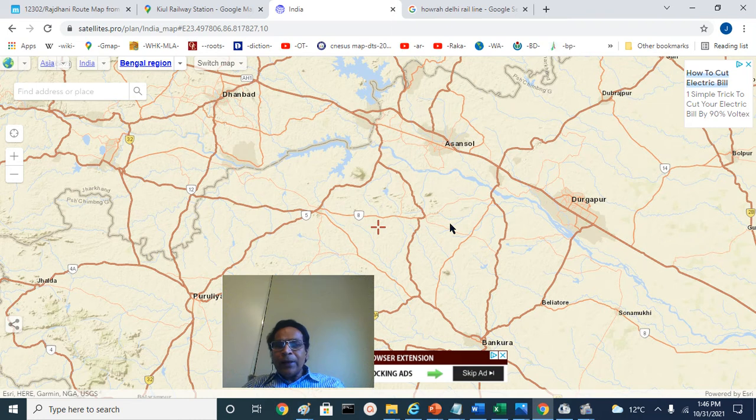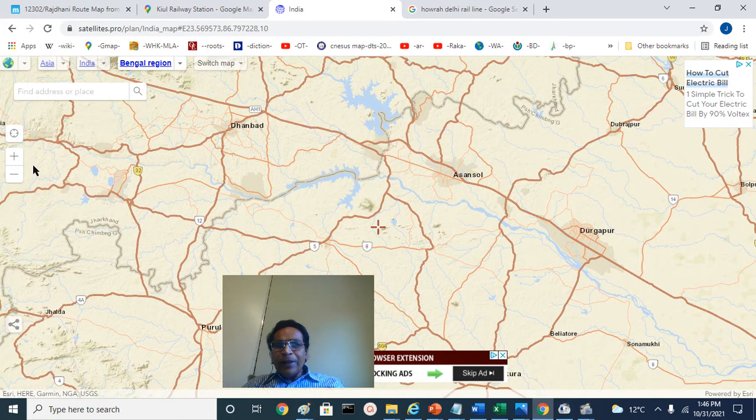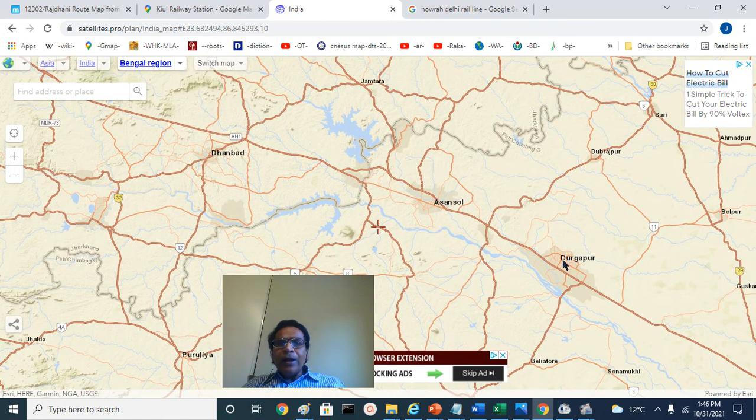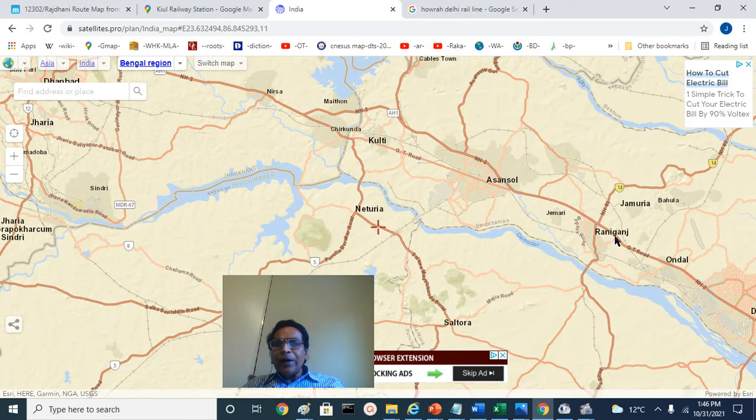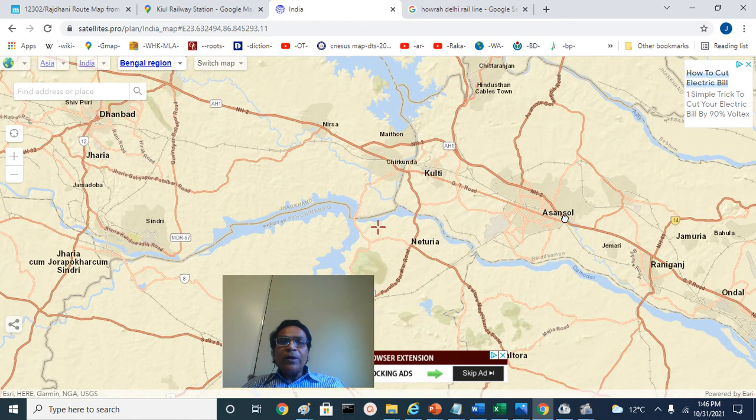Later the Islamic imperialist Mughals and Sher Shah Suri also used it and updated it. Then the British finally made use of it. We are in the Durgapur region, and Durgapur, Raniganj range, Chittaranjan. This is the second line, the chord line. Then we have Asansol and Kulti somewhere here.